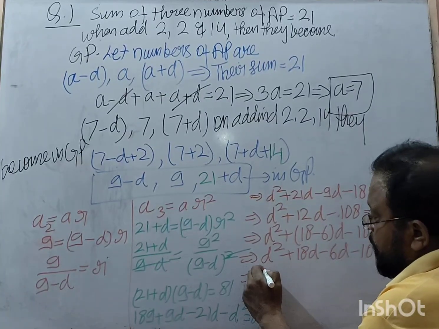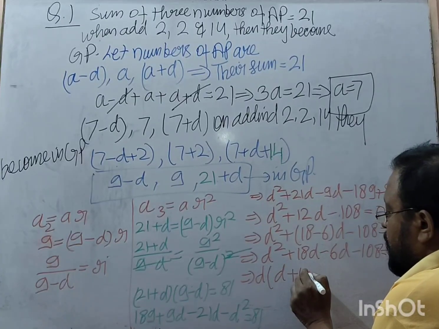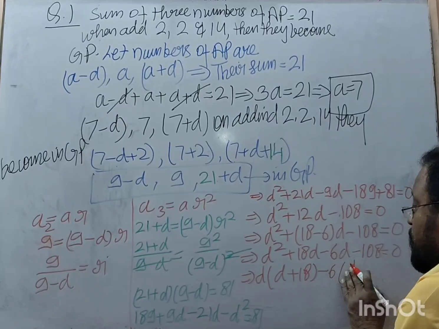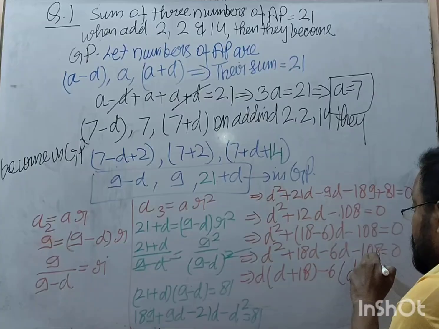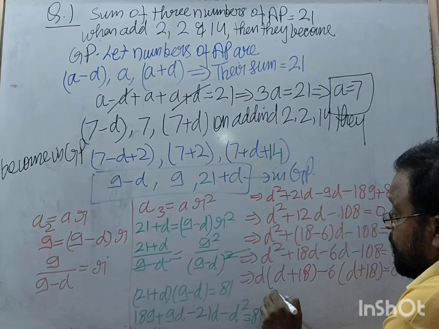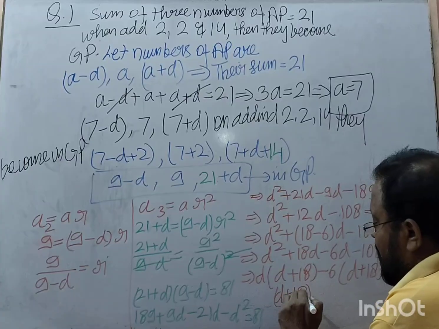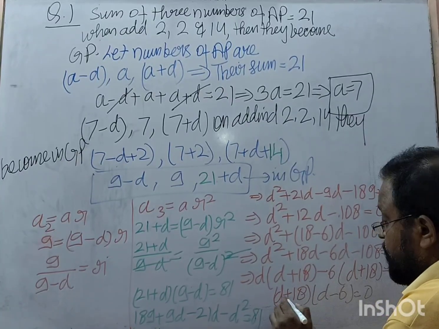Now we take d as a common factor, it becomes d plus 18 common: d plus 18 into d minus 6 is equal to 0.